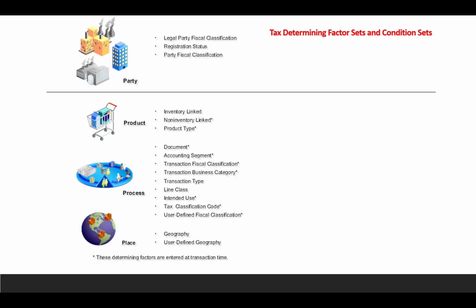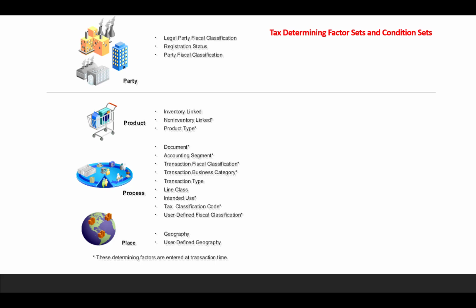There are four parties or four P's for tax determining factor set and condition set: party, product, process, place. Party means legal party, physical classification, registration status, like legal entity or suppliers and customers. Second is product: you have inventory product, non-inventory product, product type, and so on.